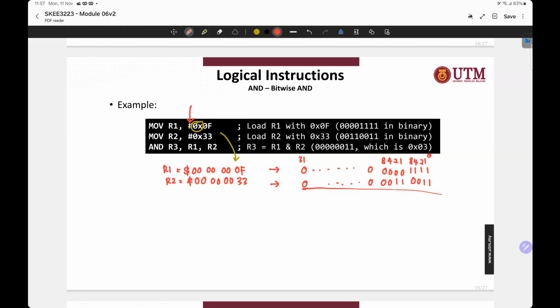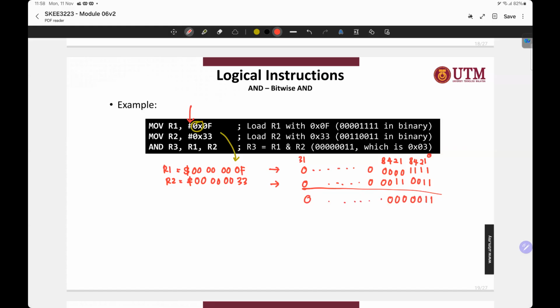So let's check the first bit, bit 0 here, 1 and 1. So you will get 1. 1 and 1, you will get 1. 1, 0 is a 0. 1, 0 is a 0. 1 and 0, you will get 0 and 0. And the rest will always be 0.